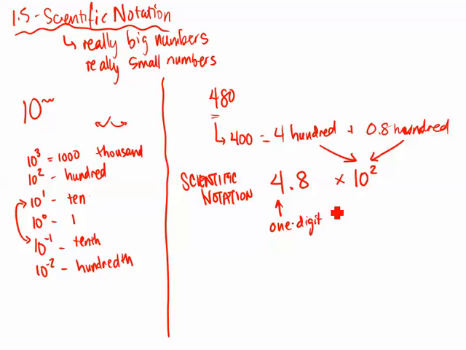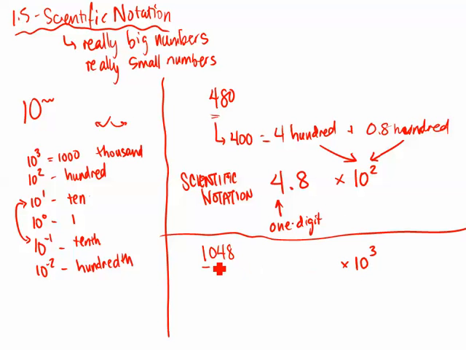So let's take another example. If we take 1,048, we look at which power of 10 we are in by looking at the largest number, and that's the 1. And this is 1,000. And 1,000 is 10 to the third power. So 10 to the third power will be our power of 10.